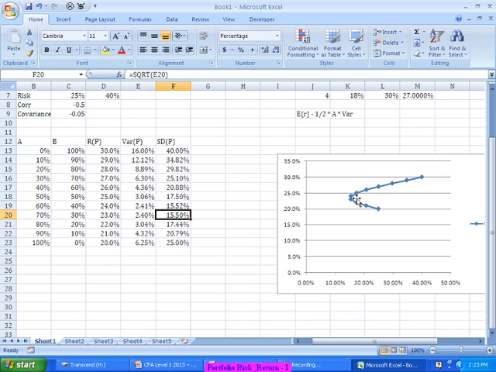The whole curve, we call it the minimum variance frontier curve. Out of that, the one single point to the extreme left on that curve, we call it the global minimum variance portfolio. That is the one that gives the least possible risk out of all the combinations.